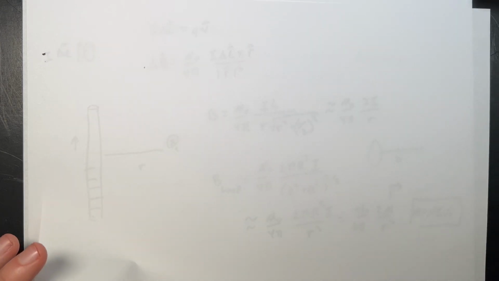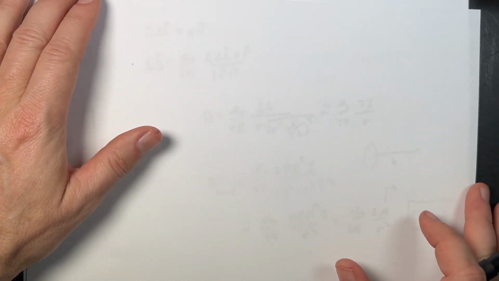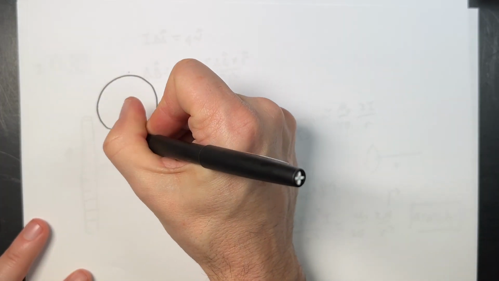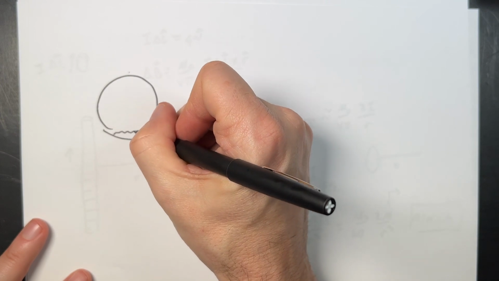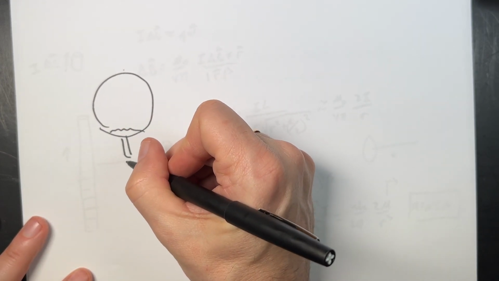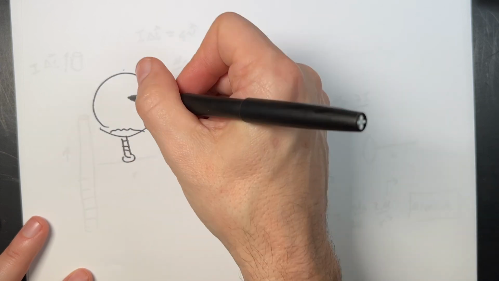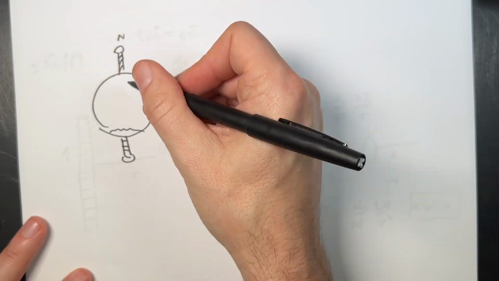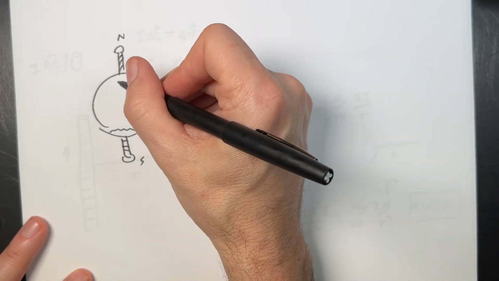So let's talk about a couple other things. Let's talk about the Earth just because it's fun. So here's the Earth. Here's Antarctica. There's poles, right? That's the South Pole. And that's the North Pole. So north, south.